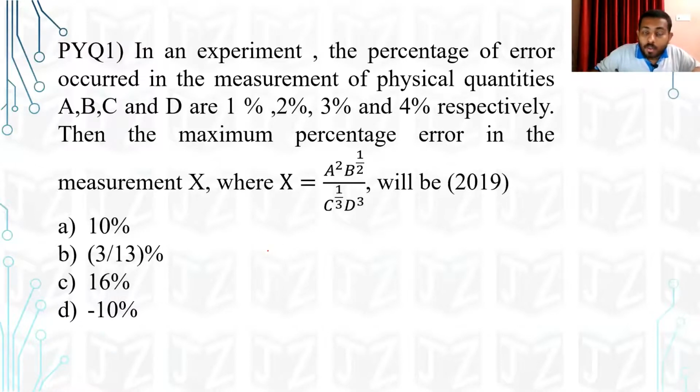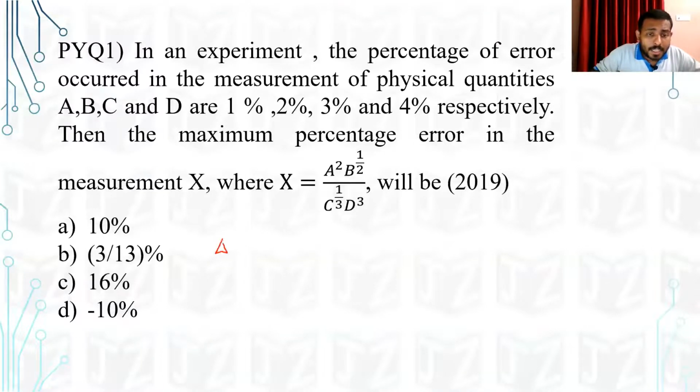So pause the video and try to do it yourself. It's a very simple question. I hope you have attempted the question and you got the answer. So let's check the solution.